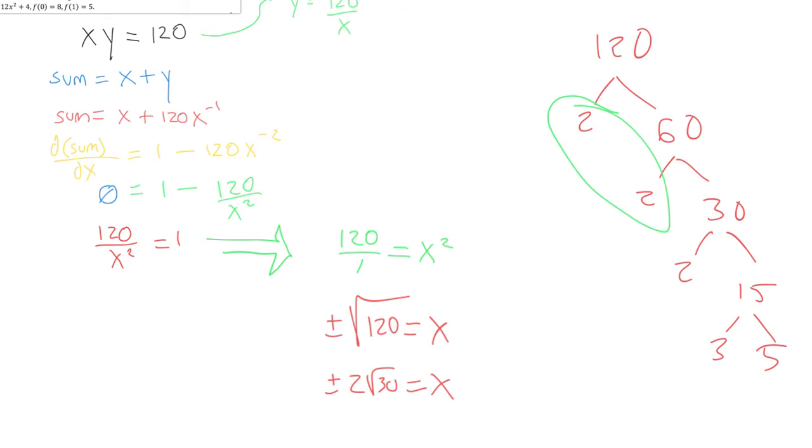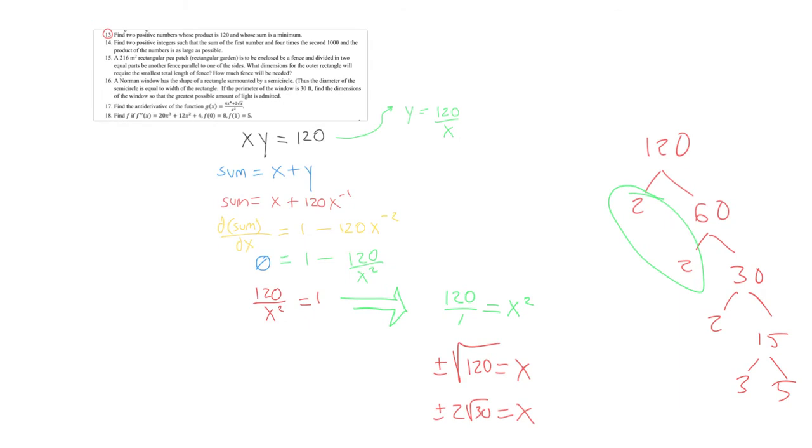However, let's see. They said find two positive numbers. So therefore, we could disregard the negative one. And therefore, x equals 2 radical 30.